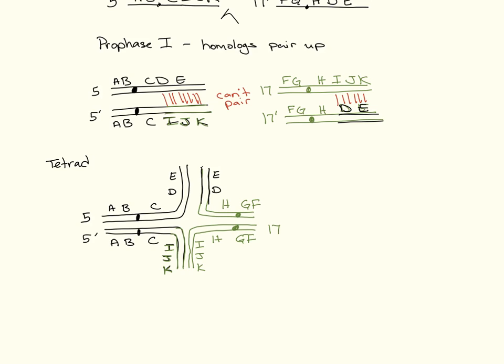And then the same thing above, our other chromosome 17 will be able to pair at the part that's homologous with regular 17. This one's 17 prime. Whereas the part that has the translocation is going to pair with the other chromosome 5. So you can see now we've paired up everything with homologous regions, but in order to do that, the chromosomes have had to bend and form this kind of tetrad structure here.